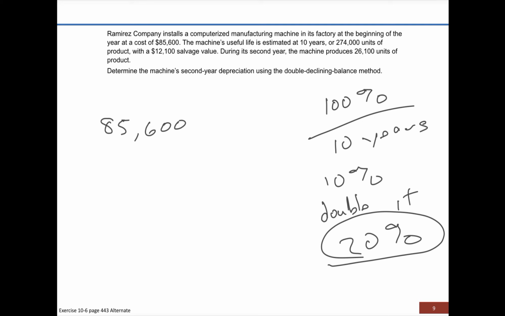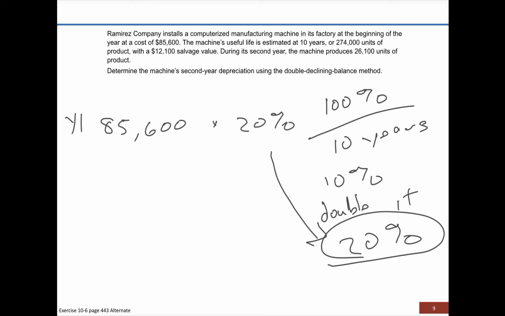Okay? Until you have something in accumulated depreciation, initial cost is book value. So year one, take 85,600 times 20%, and that is the amount that I will recognize for year one depreciation.